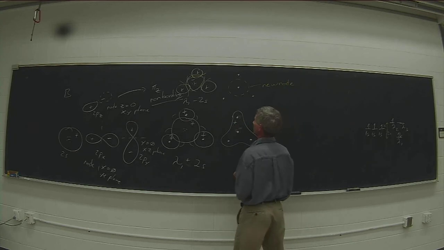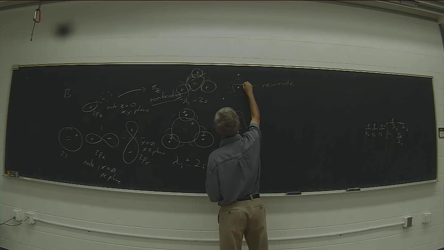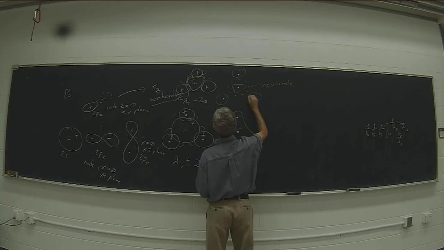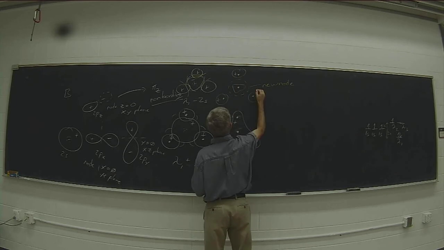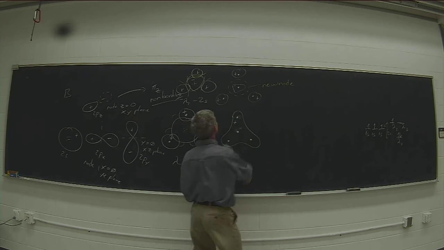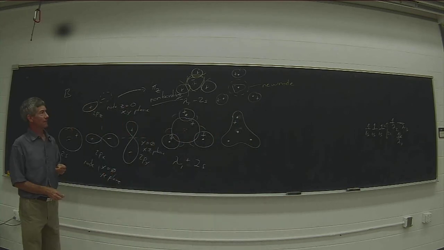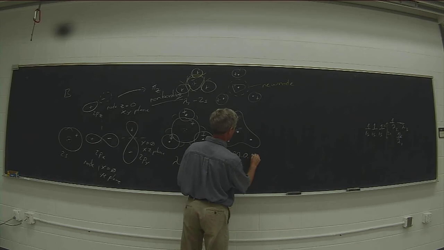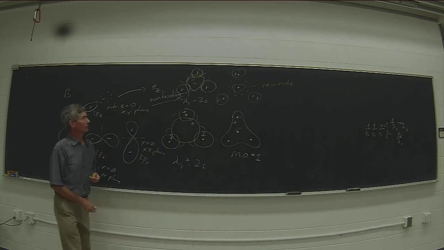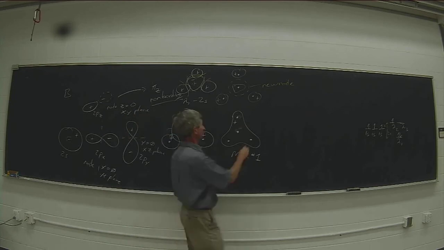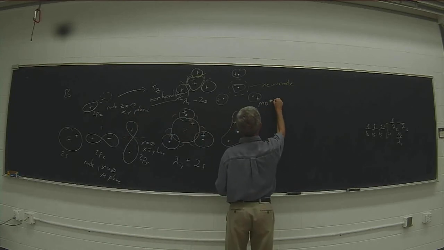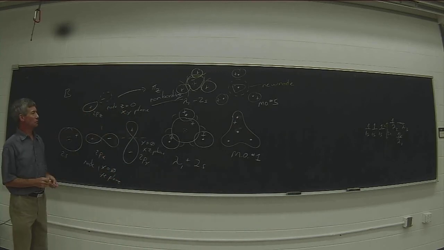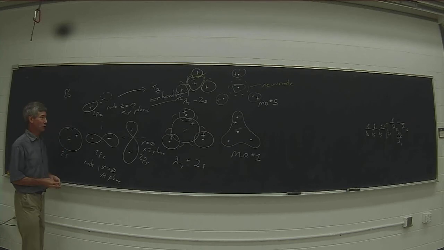And it will be anti-bonding with respect to all 3 of the boron hydrogen bonds. So this is molecular orbital number 1. We know that's the lowest energy orbital. This one turns out to be molecular orbital number 5. I'll explain why that's true later. So those are the 2 possible combinations of lambda 1 with the 2s orbital.